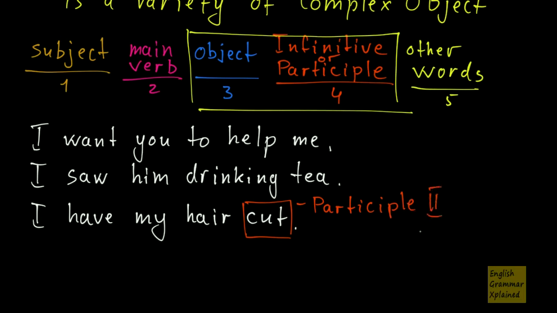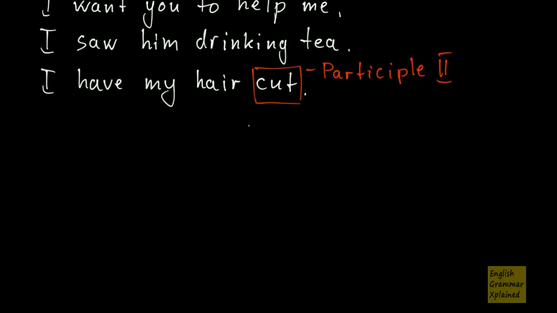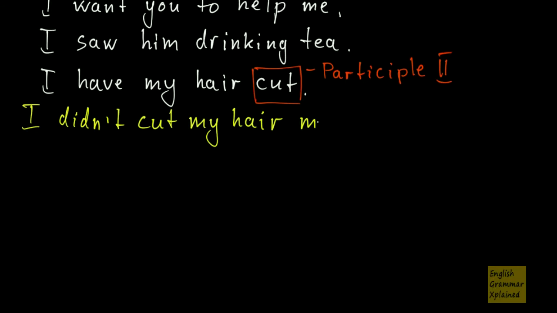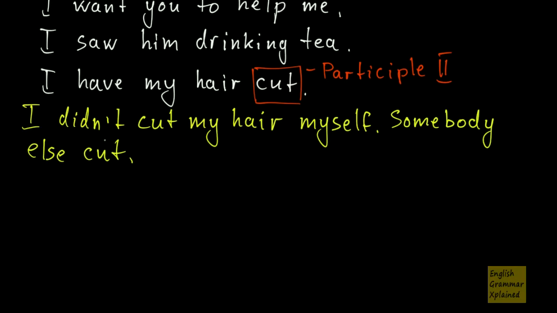That's the participle too. Another peculiarity of this structure is that it is, in some way, passive. It means that here, I didn't cut my hair myself. Somebody else cut it. And now I have a result. I could tell it in some other way.